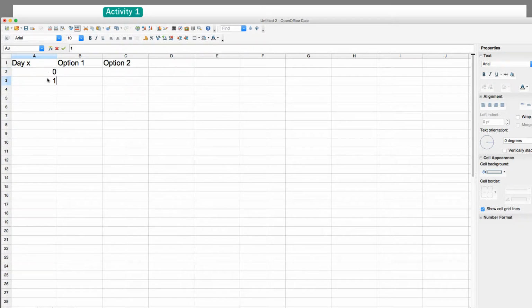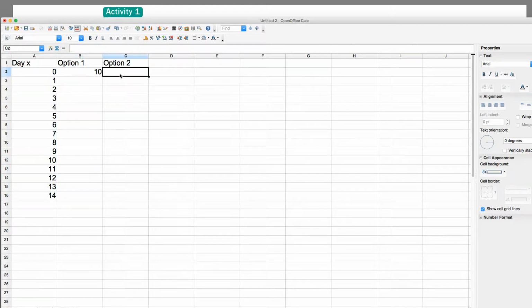You'll notice, follow my arrow of my cursor, when it hits this highlight point, it changes. That means I can pull this down and get it to replicate what I put in. That's going to be useful here. So for option 1, we started off with $10, and for option 2, we started off with $10.